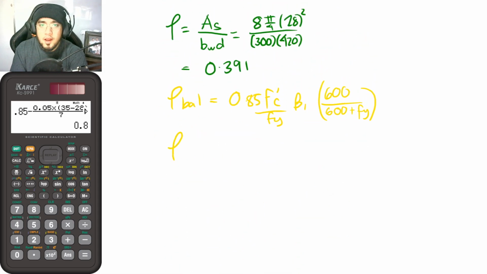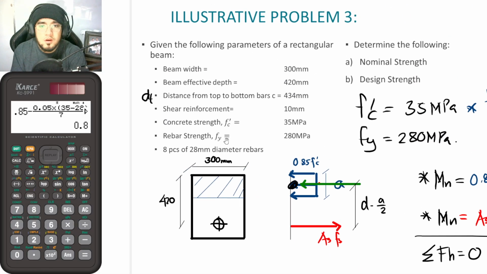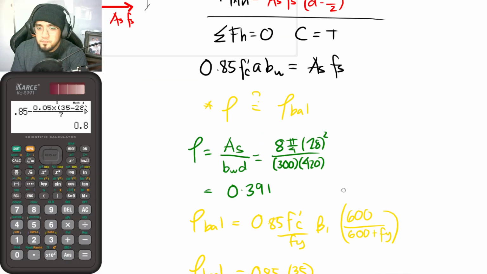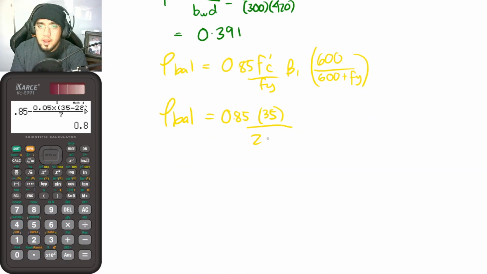For our rho balanced, this is now equal to 0.85 times 35 divided by Fy. I think our Fy is 280, but to make sure, once again, that is 280. So divided by 280 times beta 1 of 0.8 times 600 over 600 plus 280.